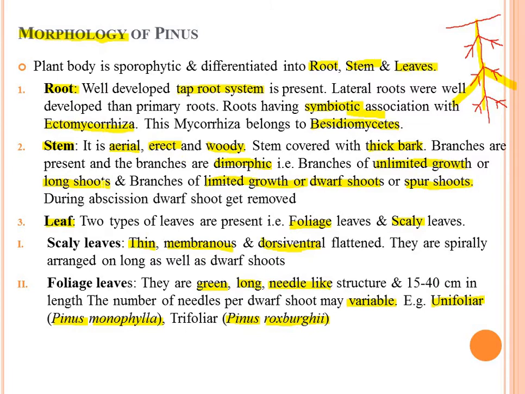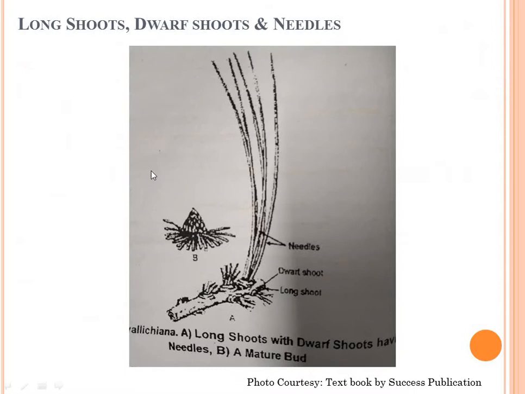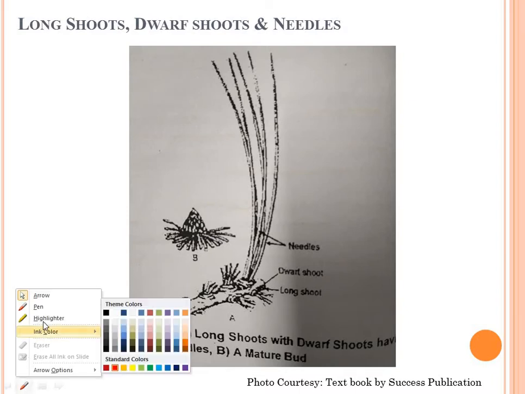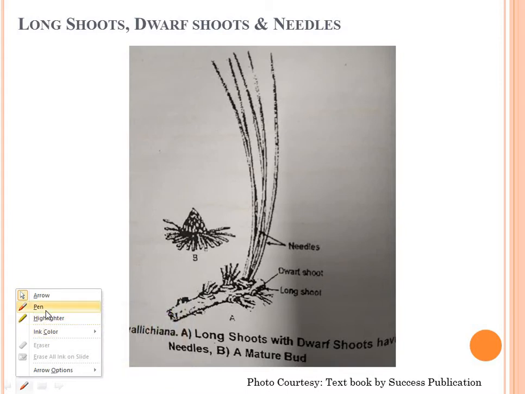Root, stem, and leaves are present. Then see the long shoot, dwarf shoot, and the needles. See the diagram. In this diagram, these are the long shoots, or shoots with unlimited growth.